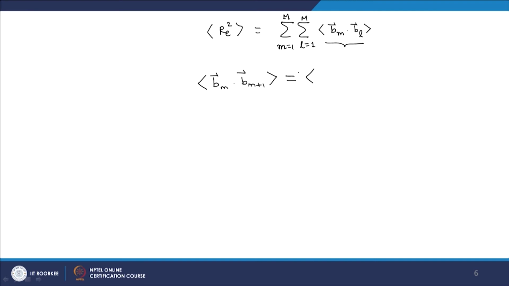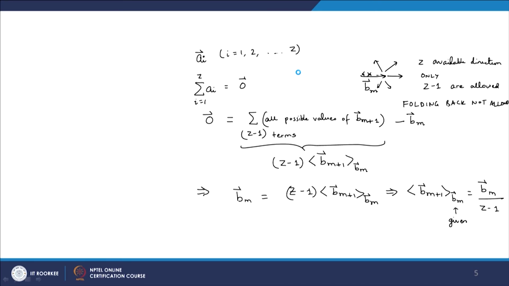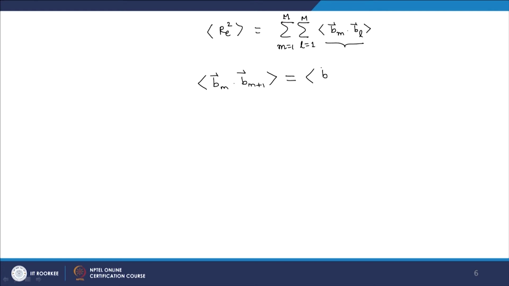Okay. So, now I will use the formula I just derived in the previous slide, the one here on the right, and see that I can write this as something like this, where I multiply Bm with the average of Bm plus 1 for a given value of Bm.